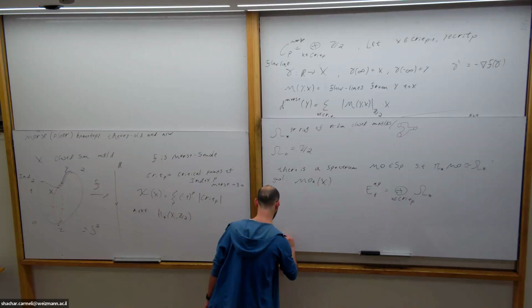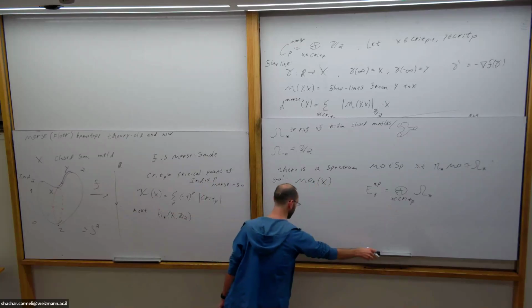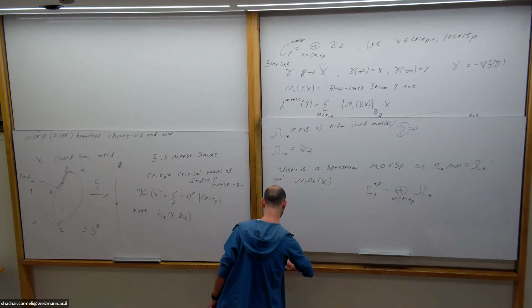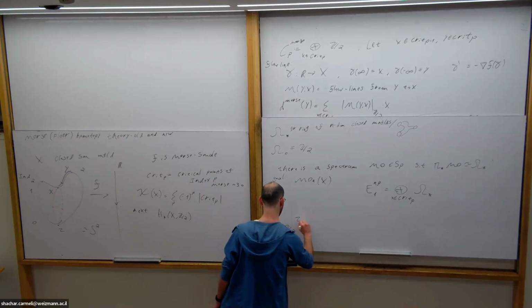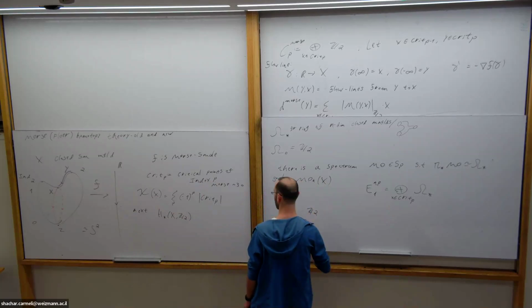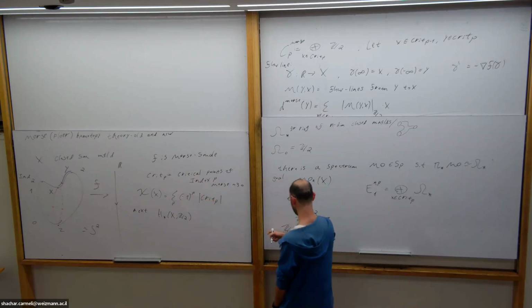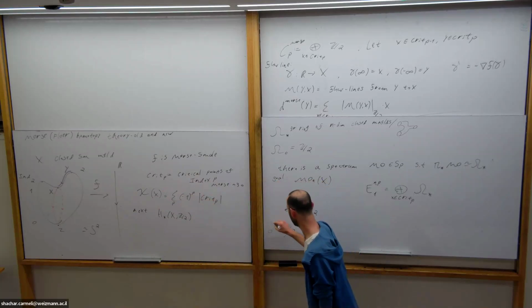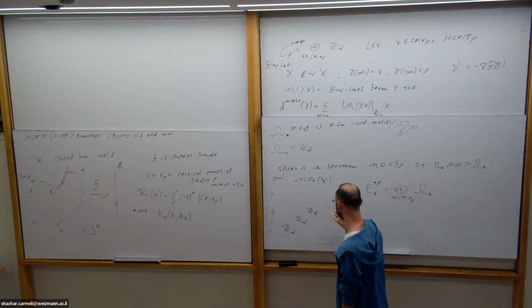We have Z mod 2 on the diagonal, which represents that we have one critical point of index 0, one critical point of index 1, and two critical points of index 2. This is the P axis, and this is the N axis.